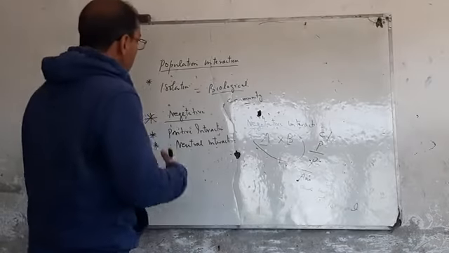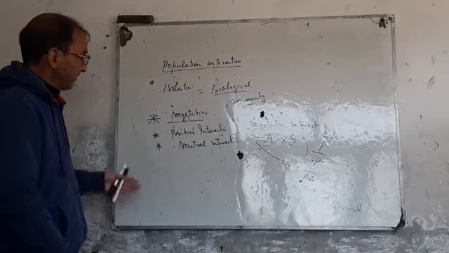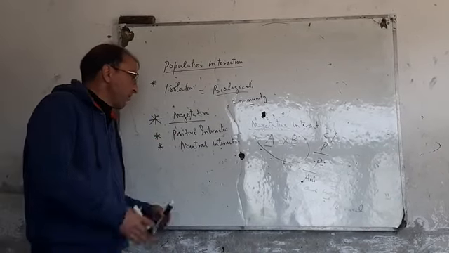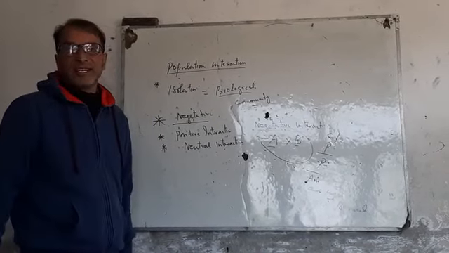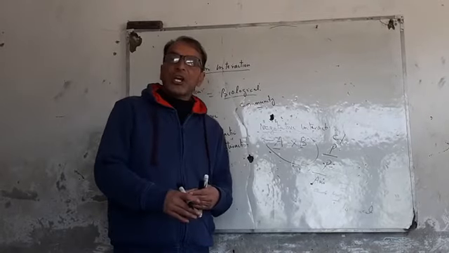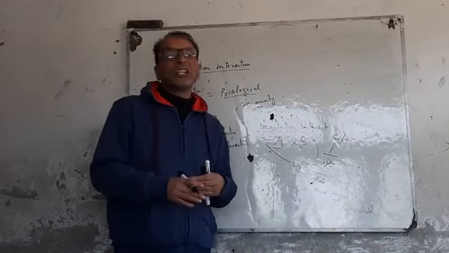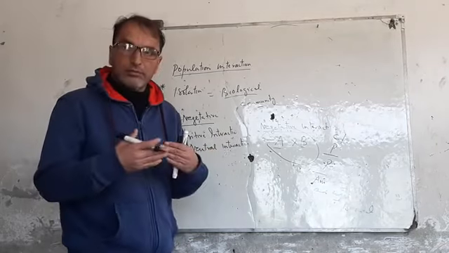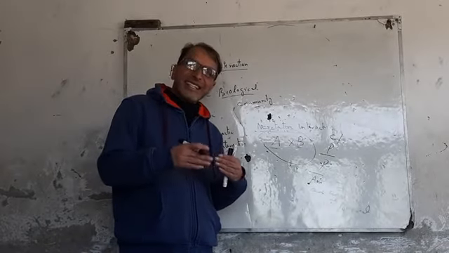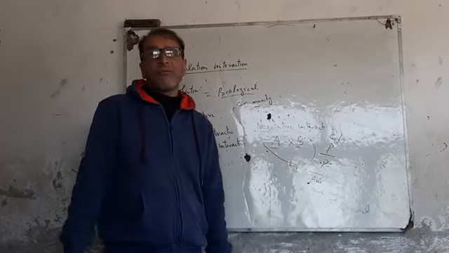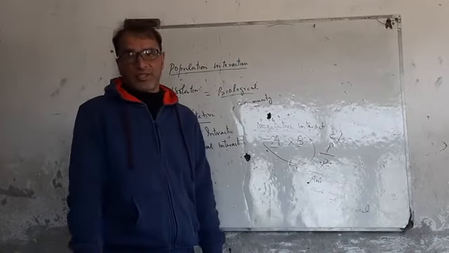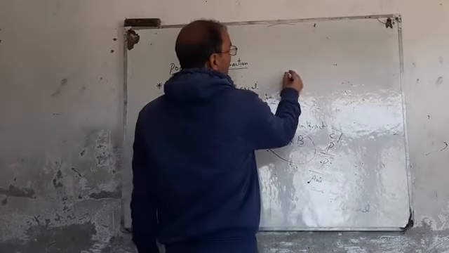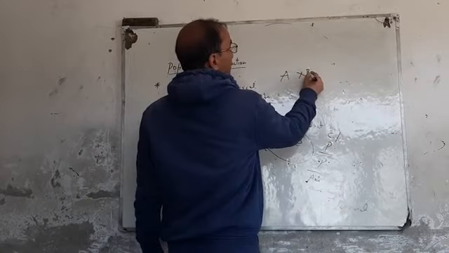Right? Then come to the next one, positive interaction. Positive interaction is that type of interaction in which out of the two interacting species, this interaction may be beneficial to both. Suppose A and B are two species.